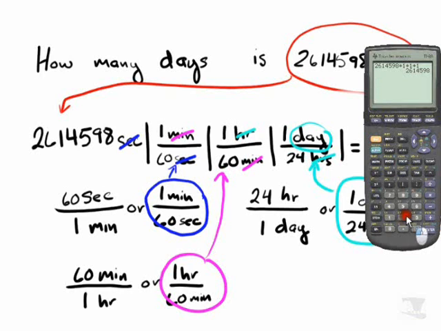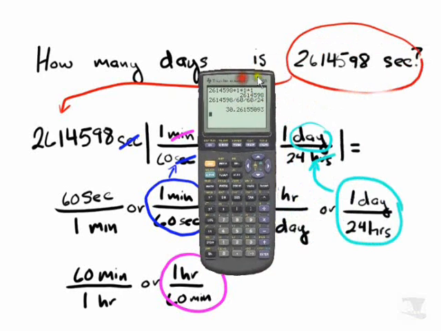Now I'm going to take that number and divide by 60 seconds, and then once again divide by the denominator of the second ratio, 60 minutes, and then divide by the denominator of the third ratio to give me a grand total of 30.26.